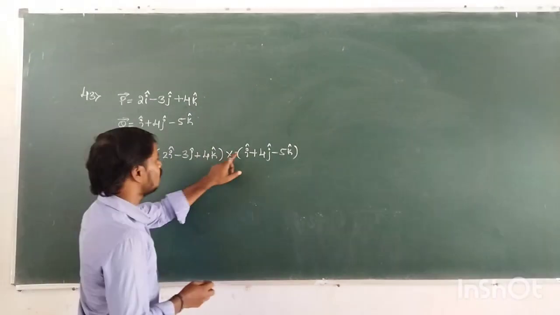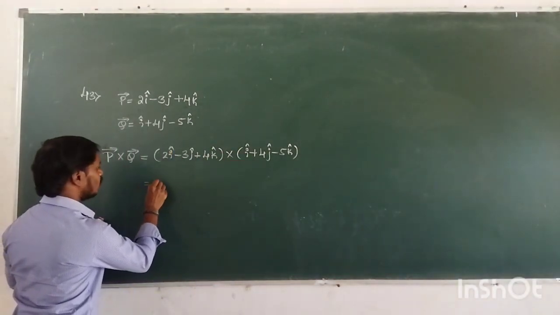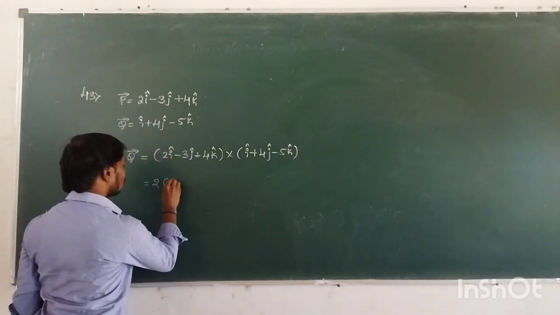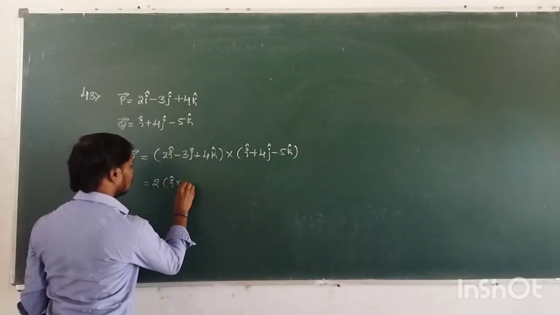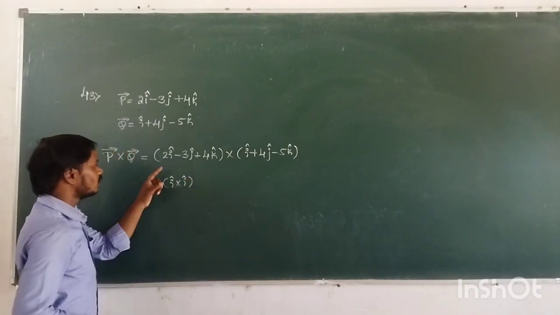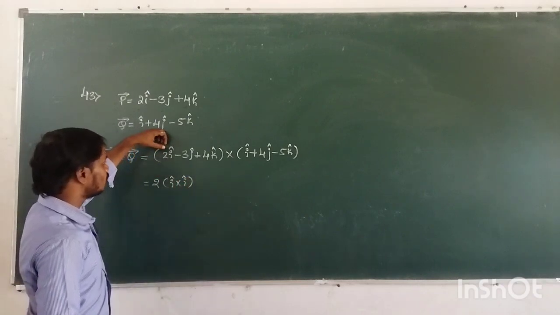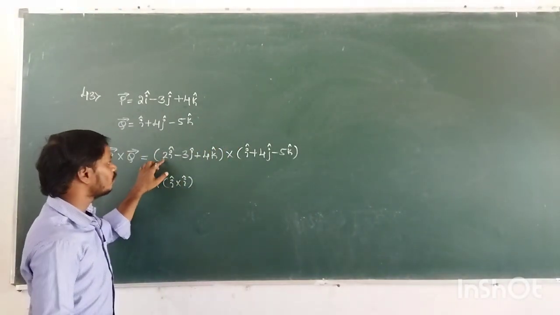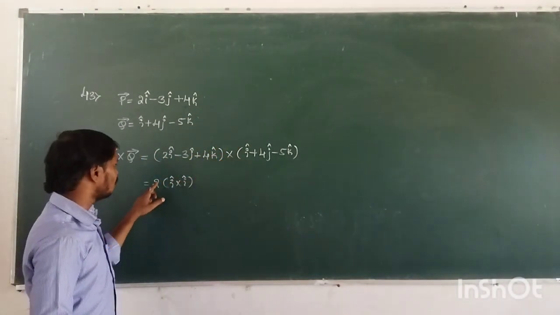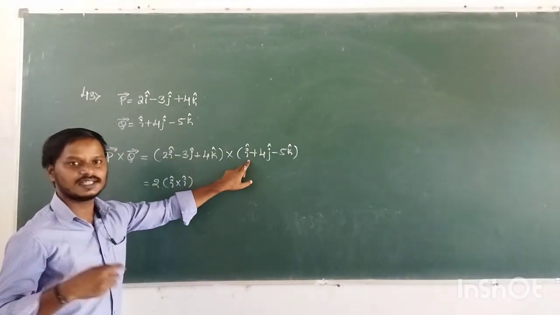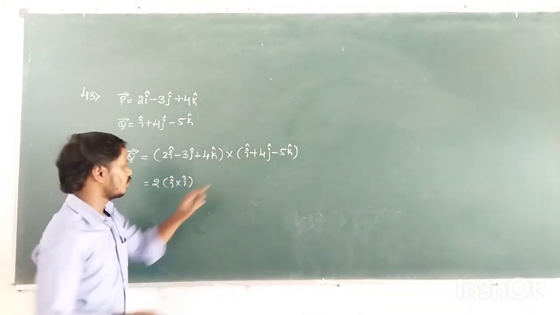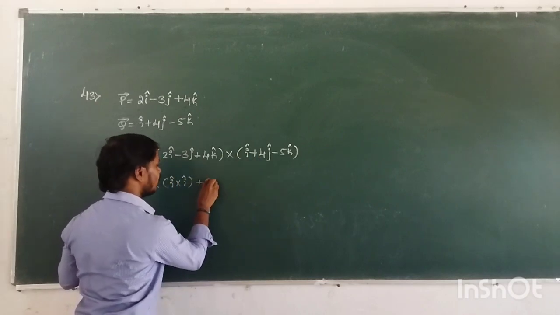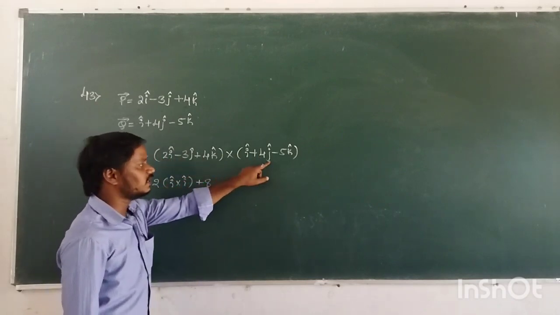So 2 into 1, that is 2, then i cross i. This is the cross product of the first term of the first bracket with the second bracket. Next, 2 into plus 4, that is plus 8, then i cross j.